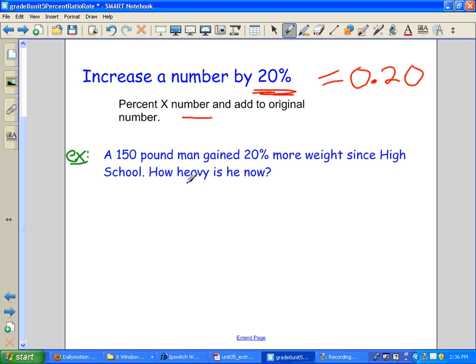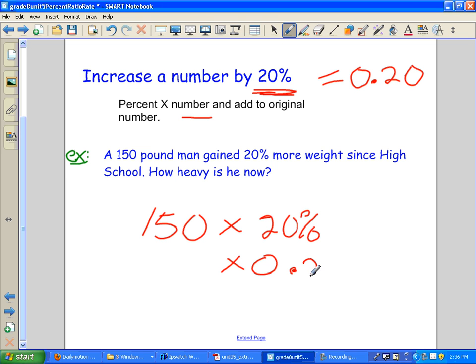to your number. So let's take a 150-pound man that gained 20% more weight since high school. How heavy is he now? Well, he was 150 pounds. We're going to times him by 20%. Of course, 20% written as a decimal is 0.20.